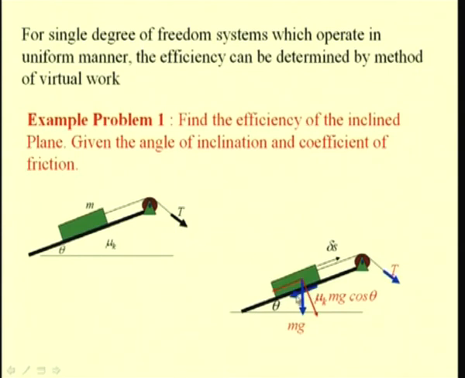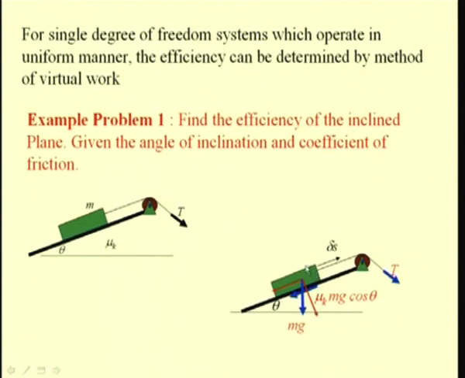So, we have this frictional force, which is in the negative direction of this virtual movement that we are considering, that is delta s, and the weight of this body mg, which has two components, one along the inclined plane and one perpendicular to the inclined plane.